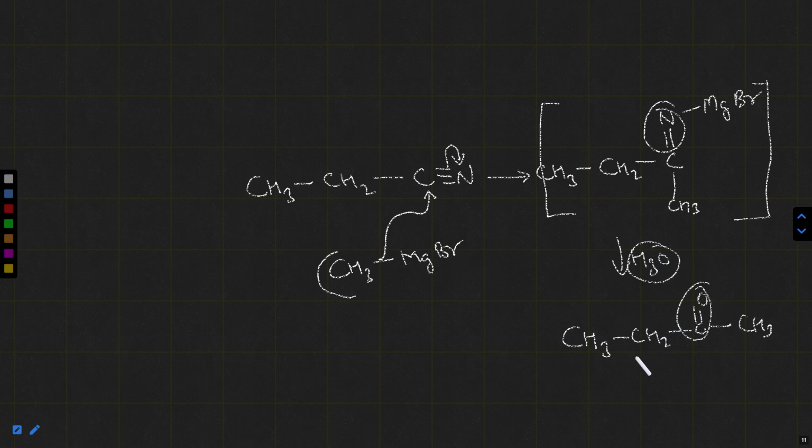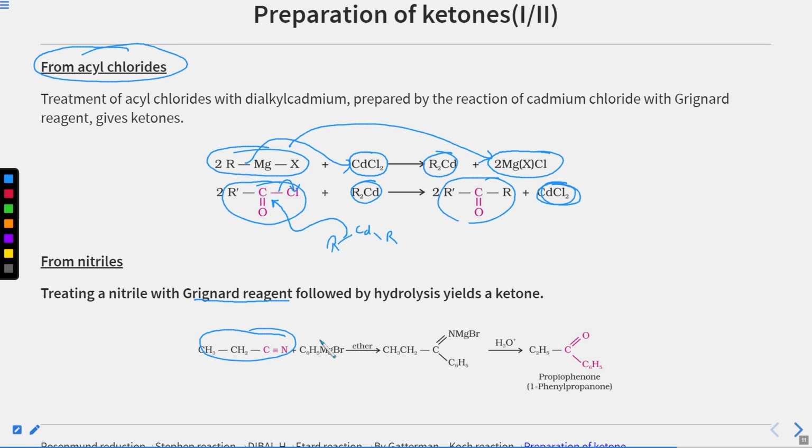Okay, clear? So this was our mechanism of this reaction. First we treated our C6H5MgBr with nitrile to give this adduct, and as we hydrolyze it, the imine is very reactive to this H3O plus, so it will be converted into carbonyl. So this was the preparation method for ketone.